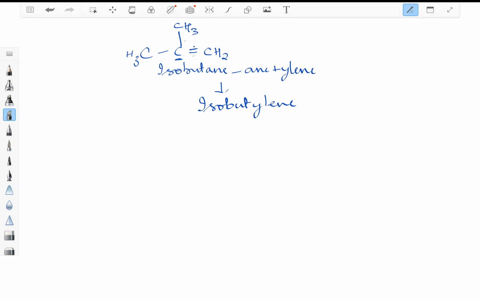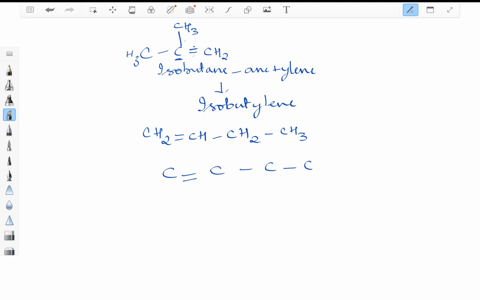There are a few more examples in the common system of nomenclature. We are only discussing the common system now. If you have a structure of CH2 double bond CH, single bond CH2, CH3, first what I'll do is write 4 carbons, 1, 2, 3, 4, and I have a double bond here.